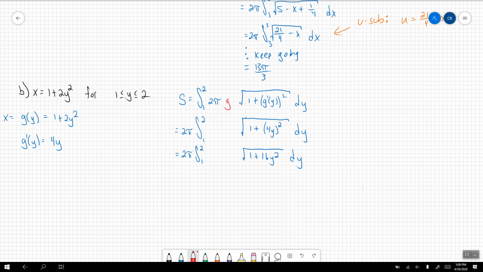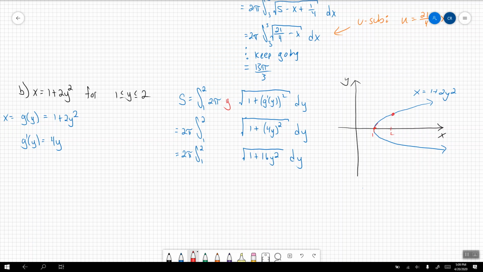The reason for this is that if we want to view it, and I'm going to give you a really quick rough sketch here. If we want to view this sideways parabola, which is x equal to 1 plus 2y squared, and we're only going to restrict it from 1 to 2, then here's 1, and here's going to be 2 somewhere here.